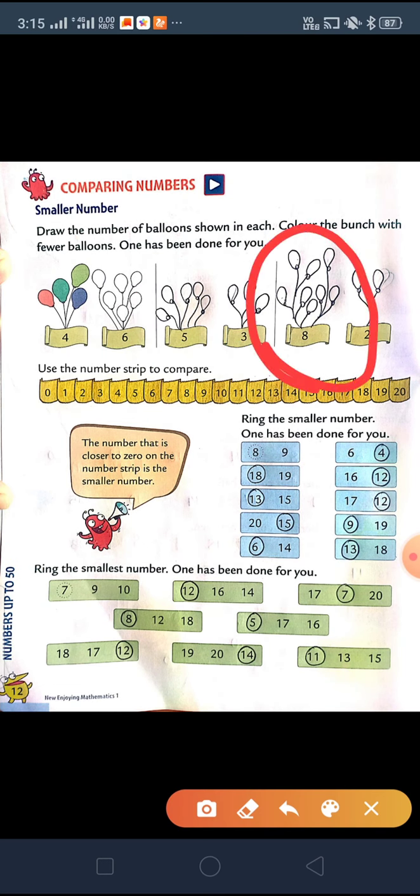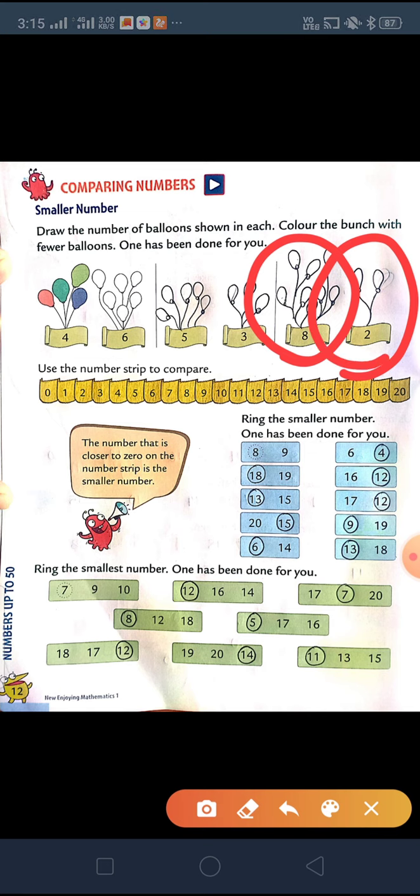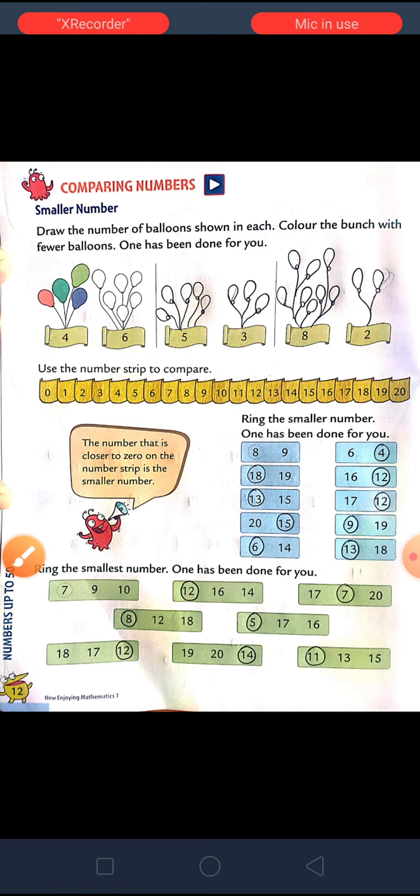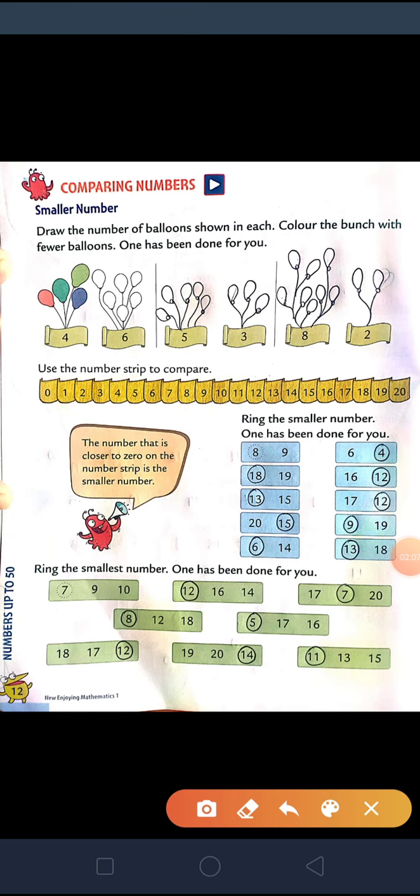After that, we have to draw 8 balloons in this and 2 balloons in this. After drawing the balloons, you will come to know that 2 is less compared to 8. So one thing is clear, whichever number is less is the smaller number.